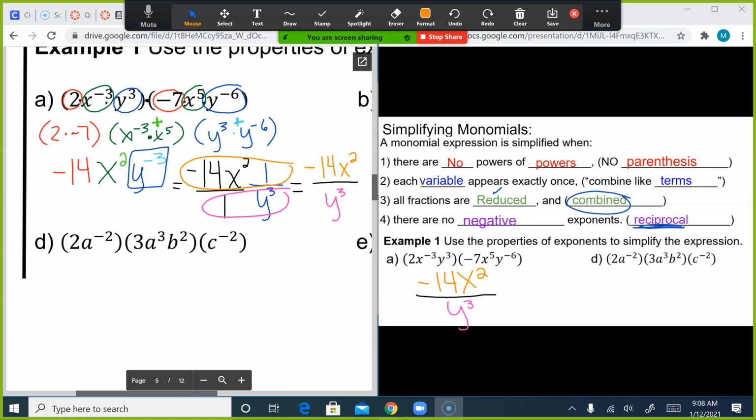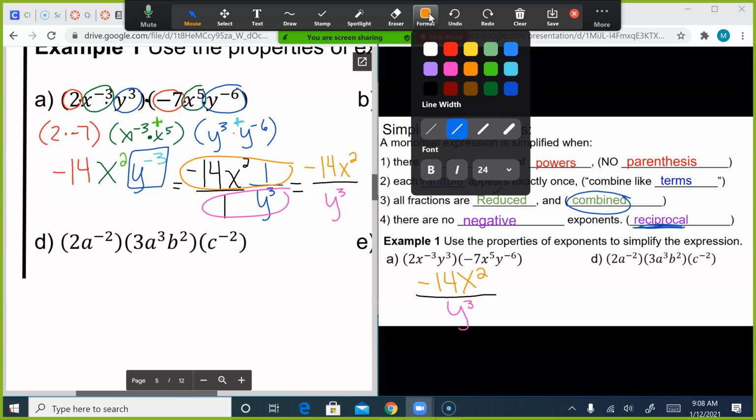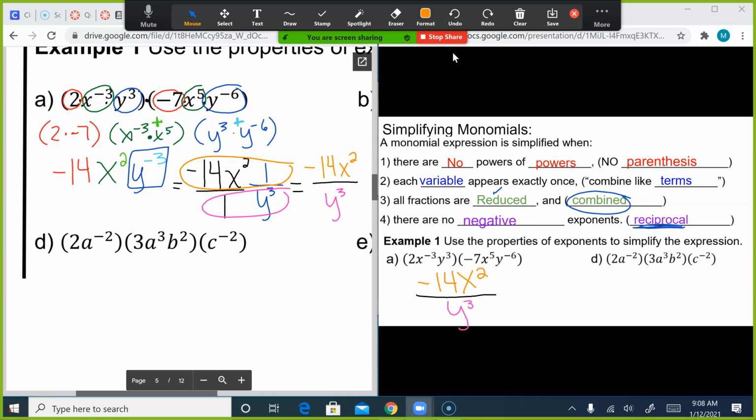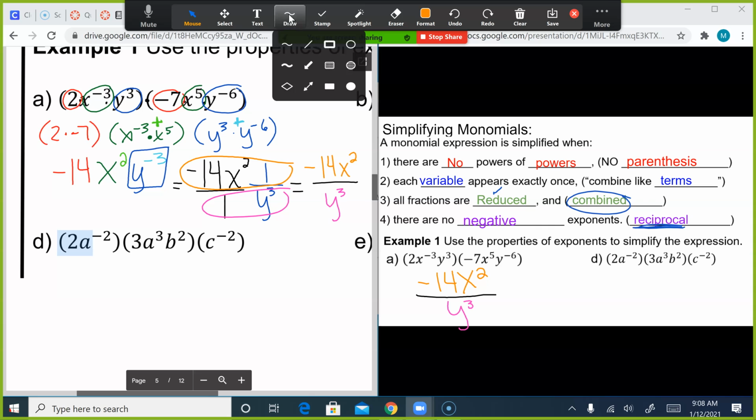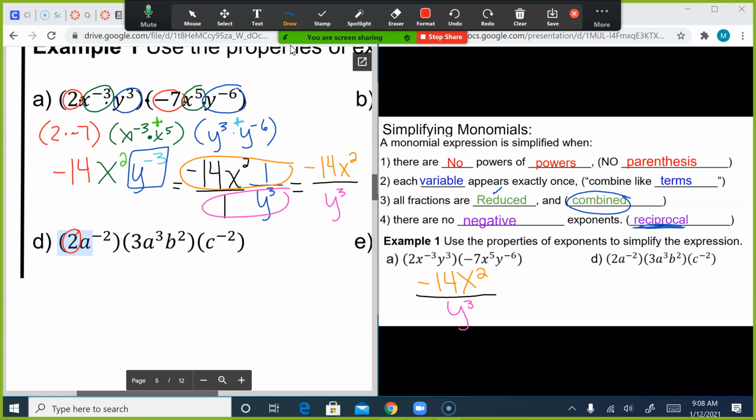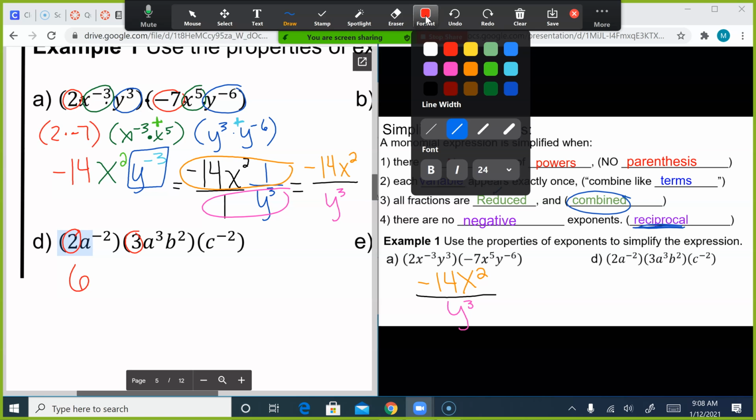All right, so example D here is pretty much the same thing. Instead of regrouping them, like I did on example A, you can just group them from here. So here, group all your numbers together. So here my coefficient is 2 and 3, and this one doesn't have one. So I'm going to multiply those, because this is all multiplication. So that's going to be 6. And then you group your A's together.